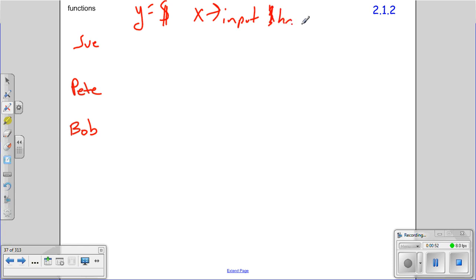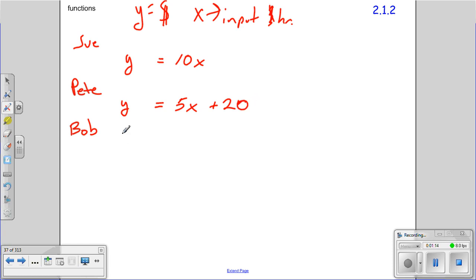Let's say Sue makes $10 an hour, whereas Peter makes not as much an hour, $5 an hour, but he gets paid $20 just for showing up. So he gets $20 plus time after that.